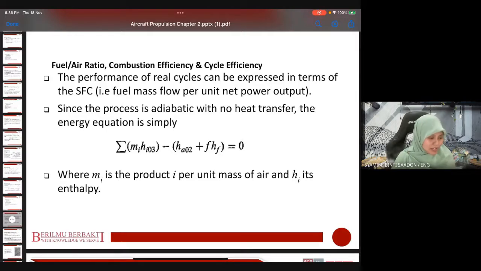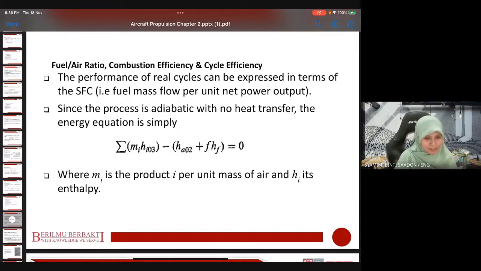Since the process is adiabatic with no heat transfer, adiabatic meaning no heat exchange between the system or the device and the outside environment, the energy equation is simple. We can use this expression, which is derived from the energy balance from 2 to 3, within the combustion chamber.